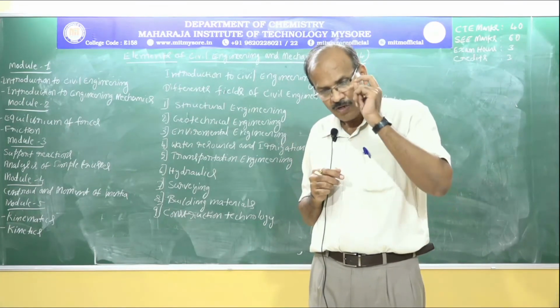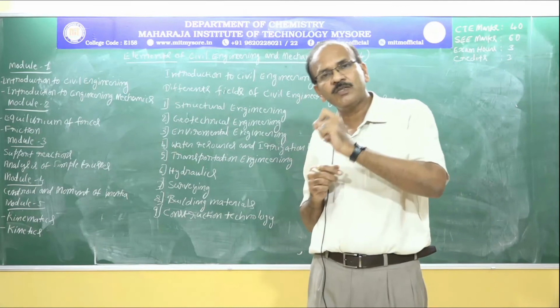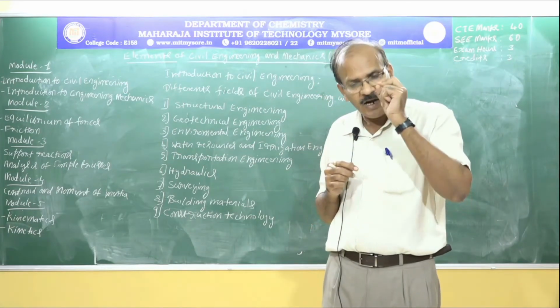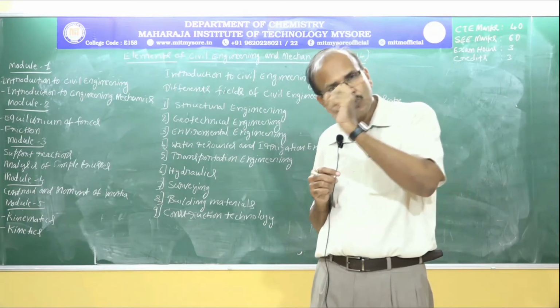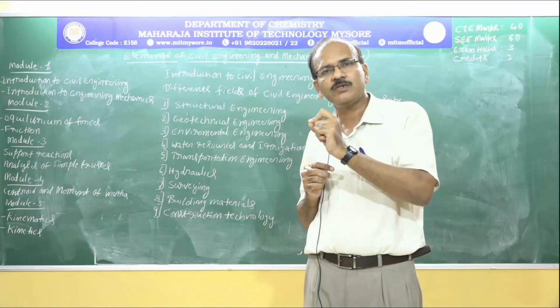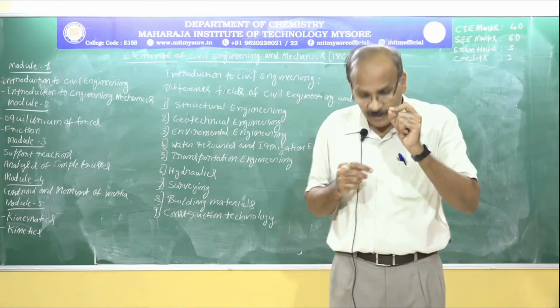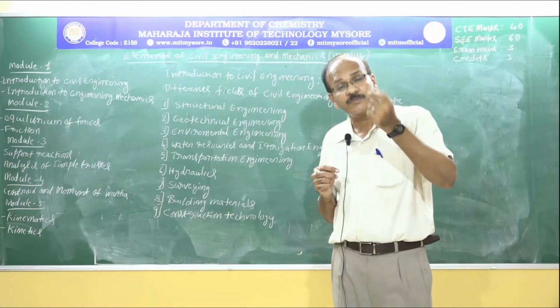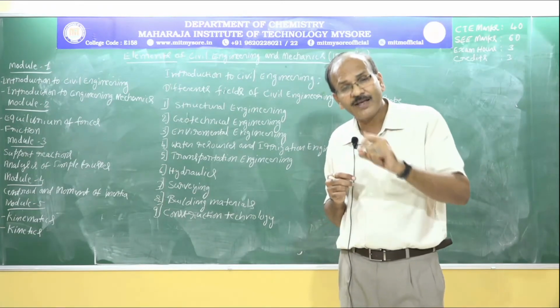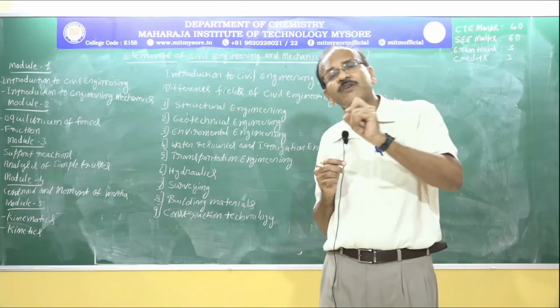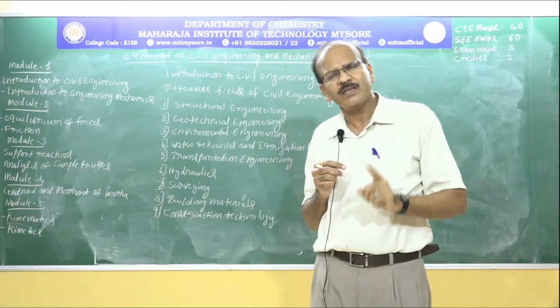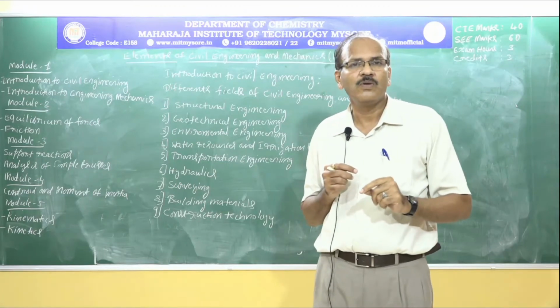We do a crushing strength test by applying load on the bricks, and we decide whether the brick is suitable to be used as a building material or not. Then we conduct an absorption test and a sound test. So we conduct different tests on brick alone.